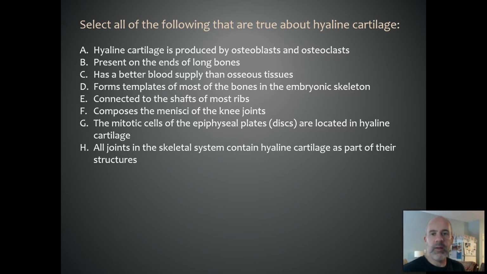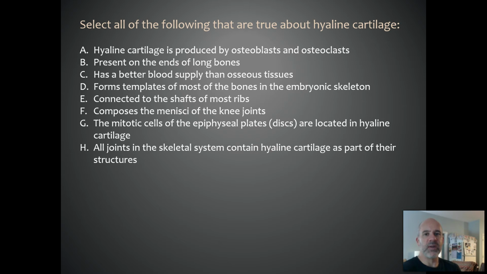All right, meanwhile, over on the function side for the skeletal system and also our joints, the first question here is one of those select all of the following that are true about hyaline cartilage, one of those kinds of questions that everybody hates. So again, when you see these, and you will see them in A&P and micro, and if you continue on into a health sciences school like nursing school, you're going to see them pretty frequently.